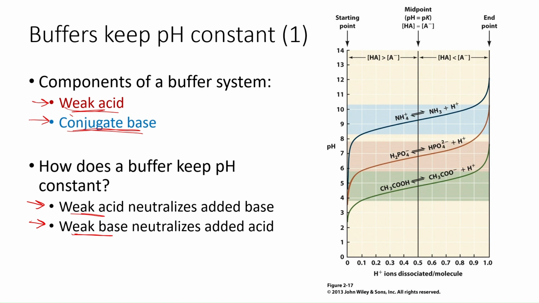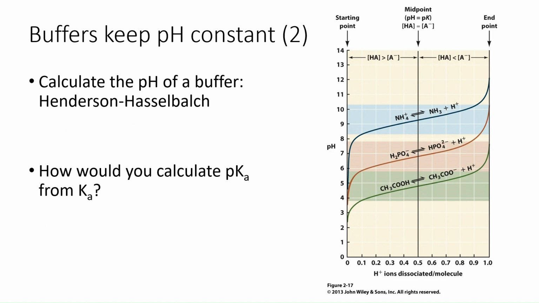And this is true within a relatively narrow range of pH that's different for each buffer, depending on the exact buffer components, the exact weak acid and weak base. And so those are the components of a buffer that help to resist changes in pH.